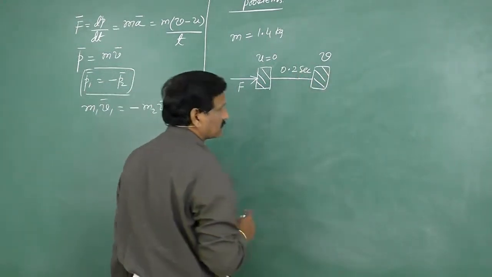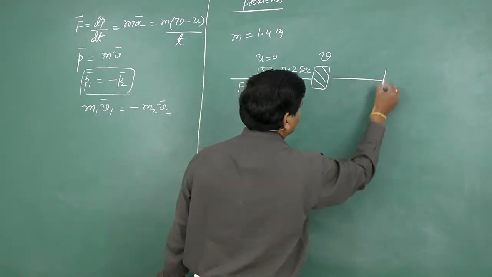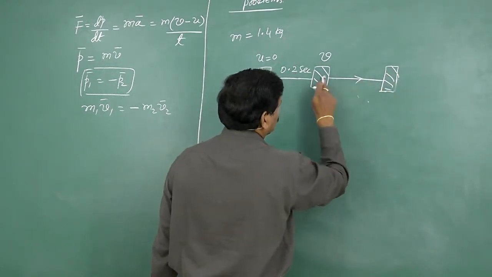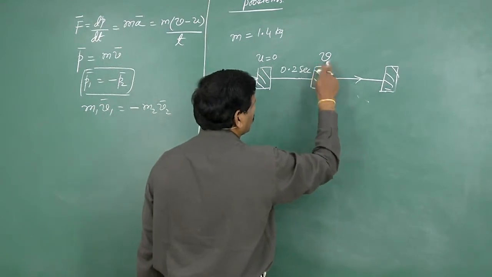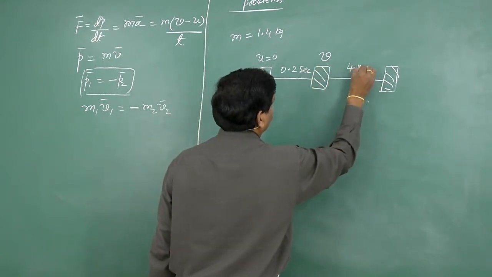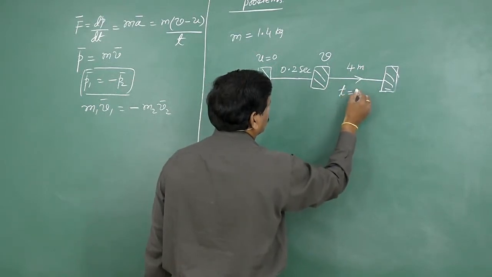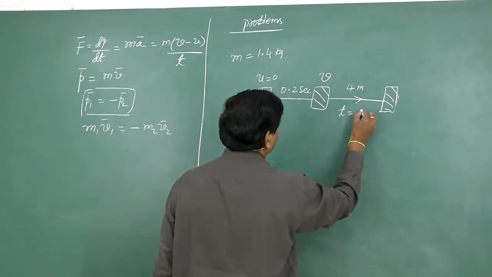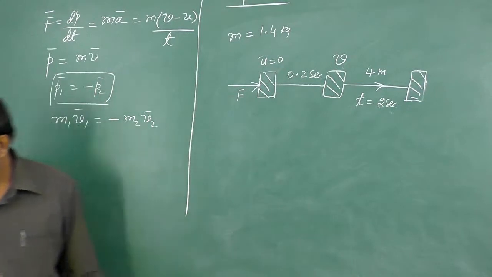After that, the force is stopped, but the body continues with the same velocity like this. So the body continues with the same velocity v through 4 meter for a time of 2 seconds.